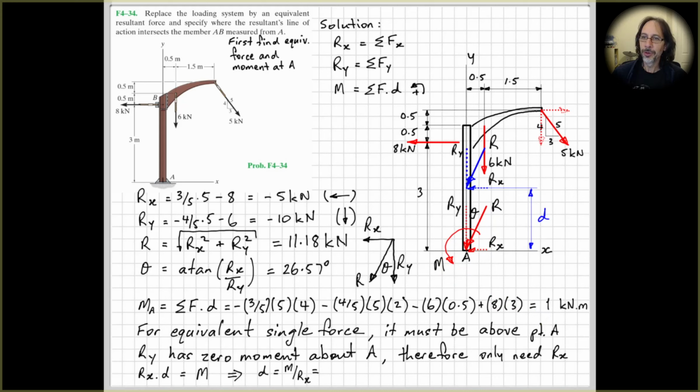So we can firstly rearrange the equation to make D the subject and put those values in. So the moment was 1 kilonewton meter, Rx was 5, so we can put that in and work out our distance D.